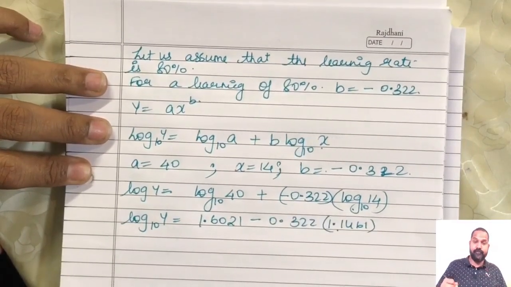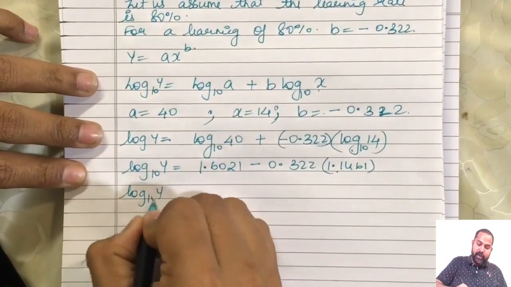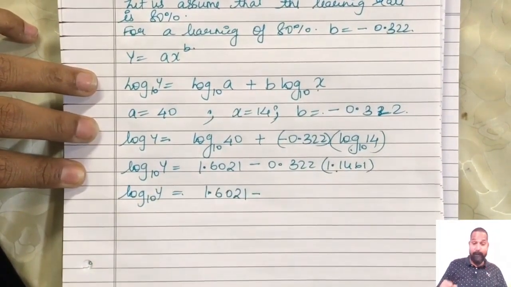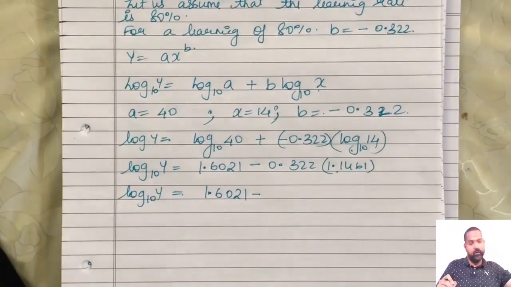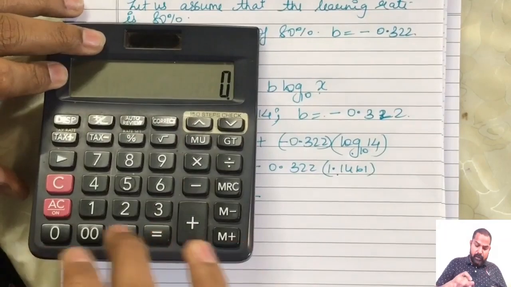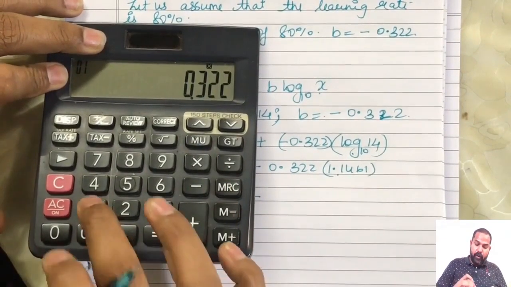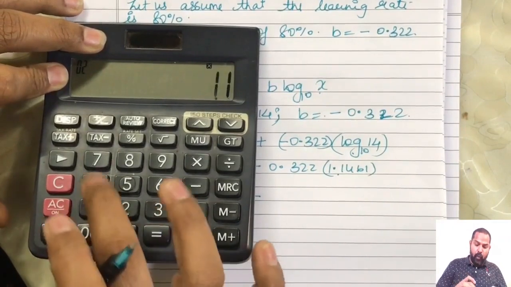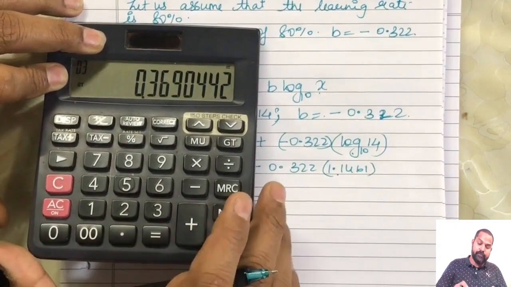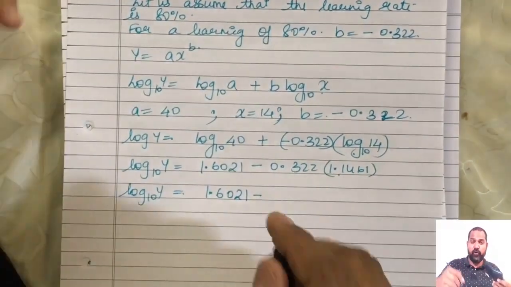So in the next step, log of y to the base 10 is 1.6021 minus, multiply the two, what do you get? 0.322 multiplied by 1.1461. What do you get? 0.3690442.